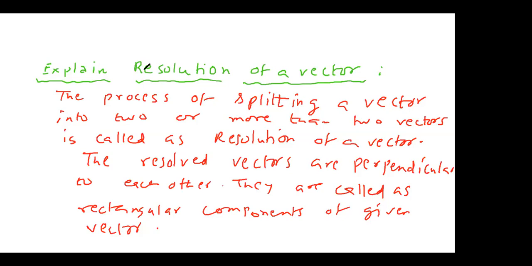Completed? Okay. Now look on the screen carefully how to resolve this vector into two vectors. They are called rectangular components. So imagine this is one vector.